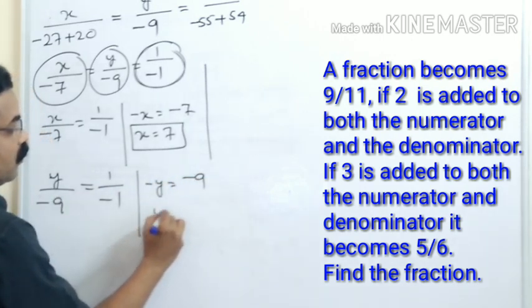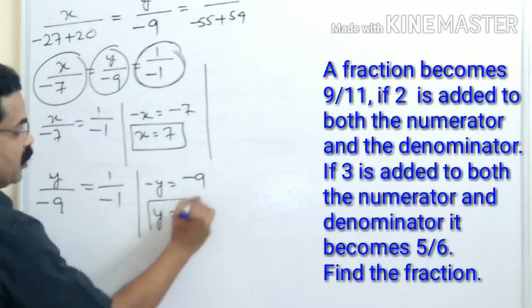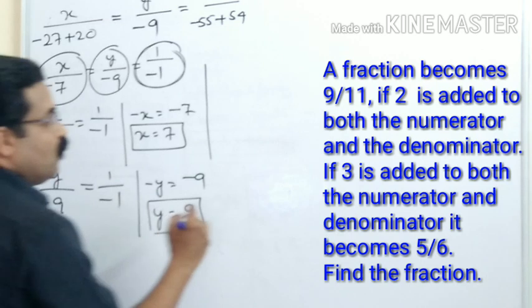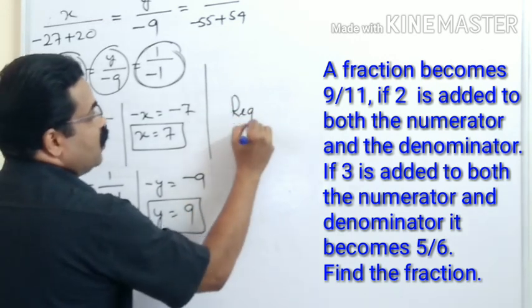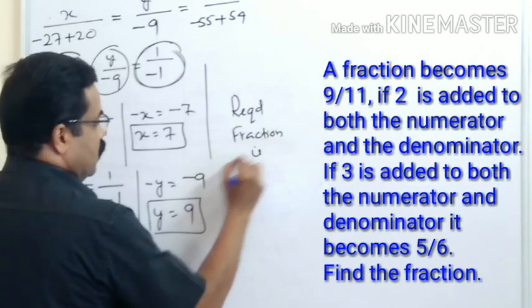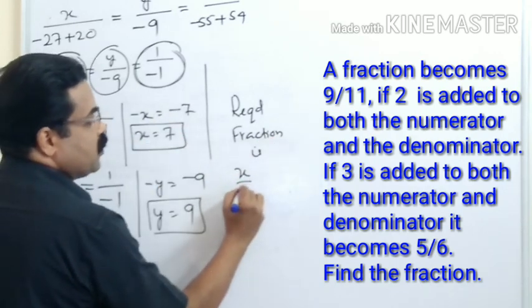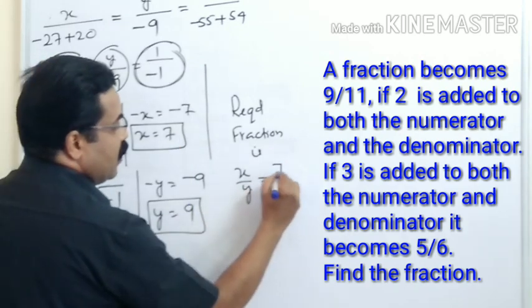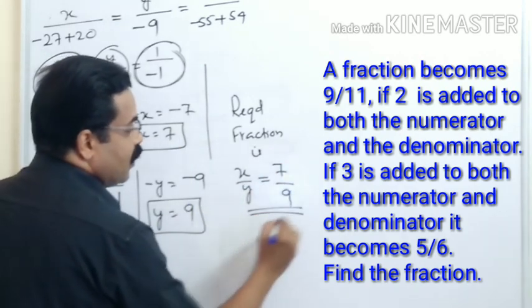So I got y is equal to 9. So I got the value of x, I got the value of y. So what do we want? We want the fraction. Therefore, the required fraction is x by y. x by y is equal to 7 by 9. That is the correct answer.